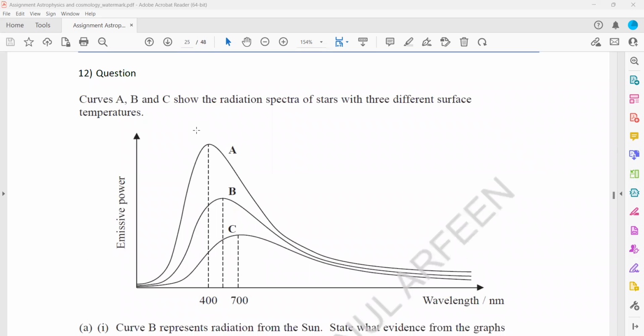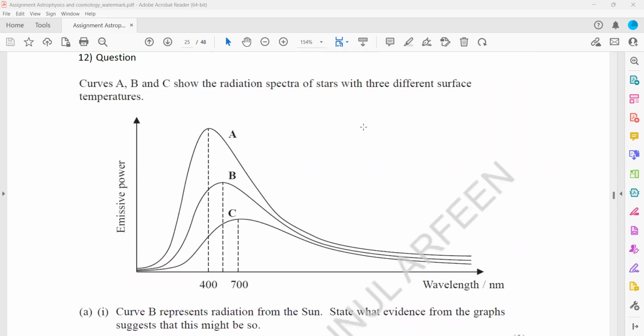In question 12, curves A, B and C show the radiation spectra of a star at different surface temperatures. As you can see, as the surface temperature increases, the peak wavelength decreases and shifts more towards the shorter wavelengths. This is the intensity axis.